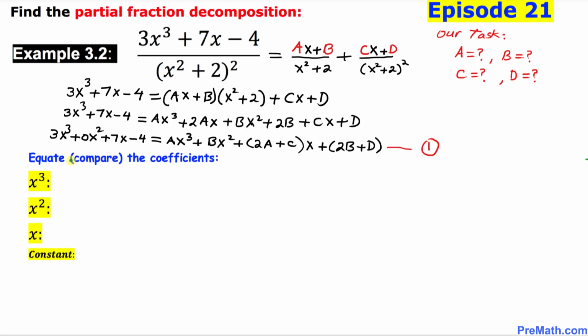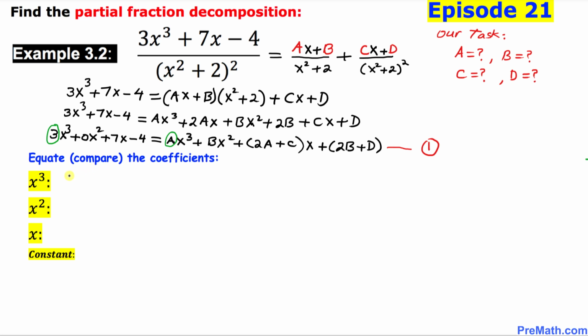And now in our next step, we are going to equate, or sometimes we call it compare, the coefficients on both sides of this equation 1. So let's get started. Let's focus on x power 3. On the left hand side, the coefficient of x power 3 is 3, and on the right hand side it is a. I can just simply equate them.